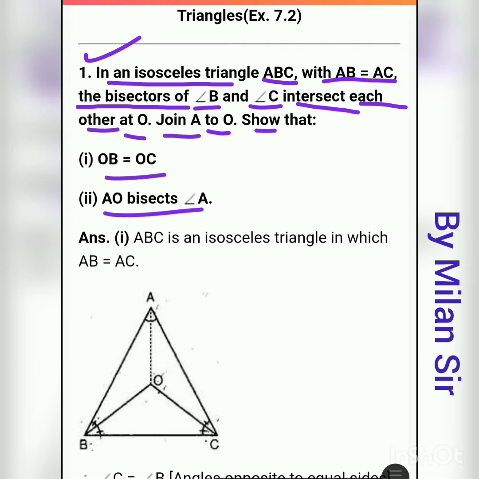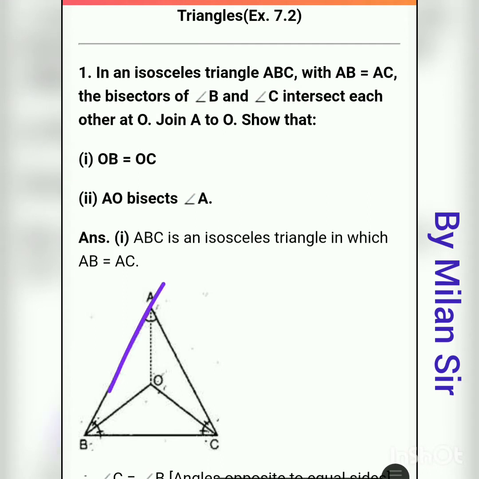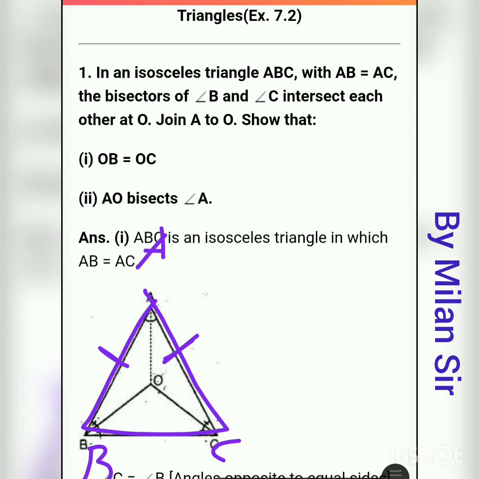Here ABC is an isosceles triangle in which AB is equal to AC.